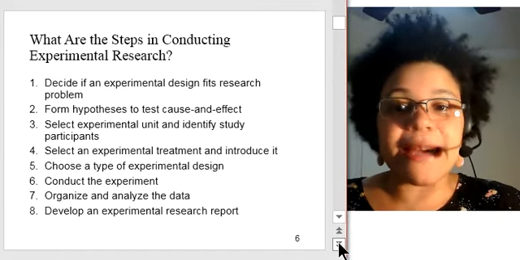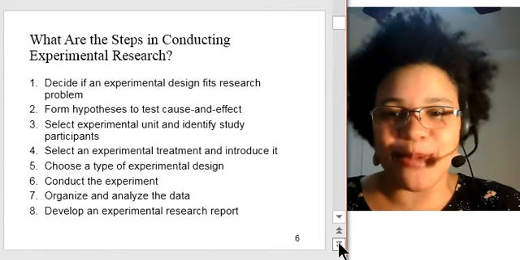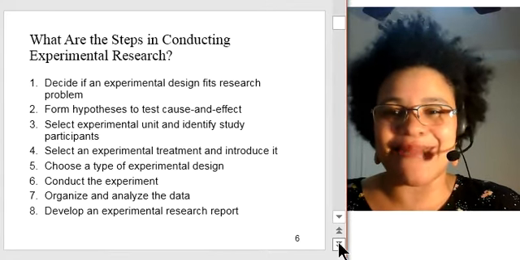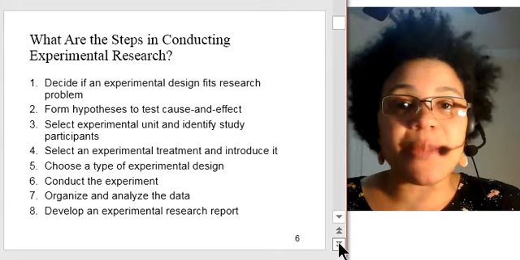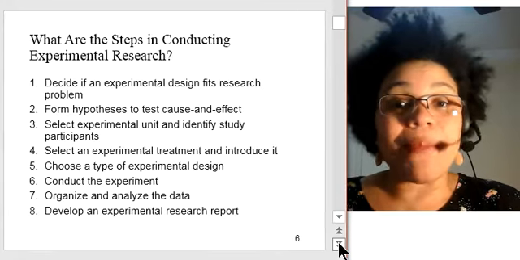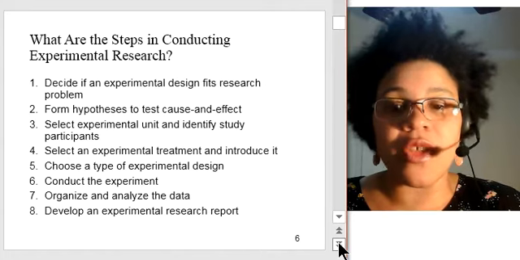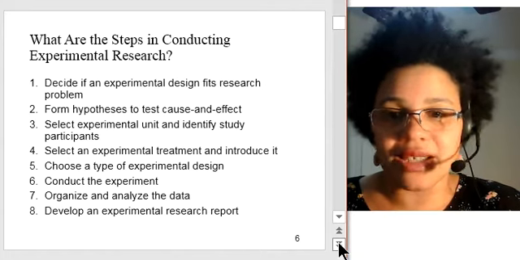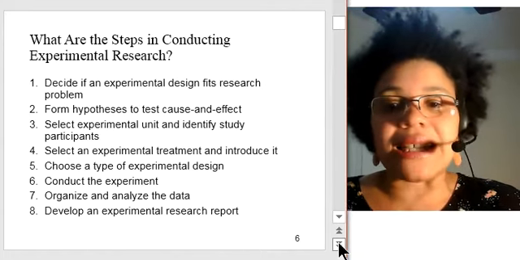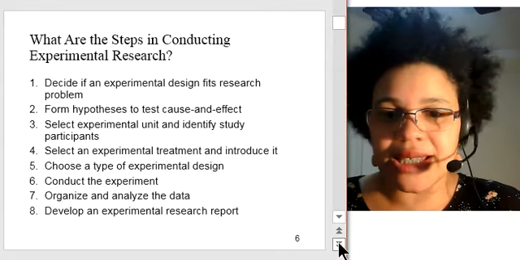Okay, the steps in conducting experimental research are basically three main steps, but we can break it out into 8 steps. Decide if an experimental design fits your research problem. Form hypotheses that basically spell out what you think are going to be the cause and effect. Select an experimental unit and identify study participants.